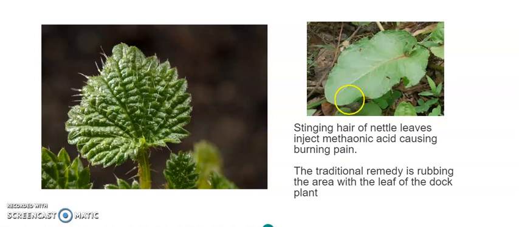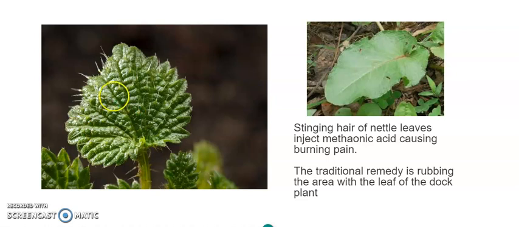There is a plant which gives out this. It's found in the Himalayan areas in India, and it's called the nettle leaves. Can you see the spine-like structures on the leaf? When you touch these spine-like structures, it releases an acid which, first of all, causes a burning sensation, and then it's a very long pain which keeps on lingering in your hands or parts of the body for a longer time.